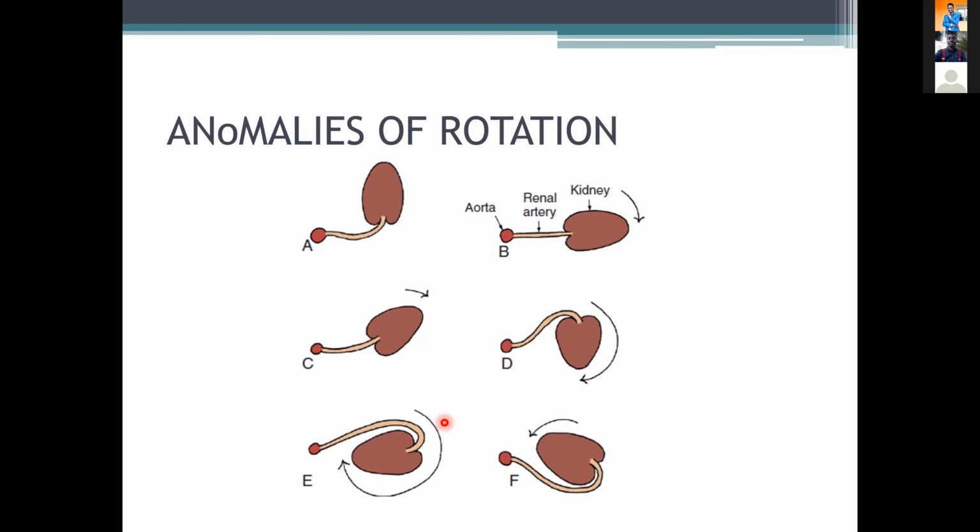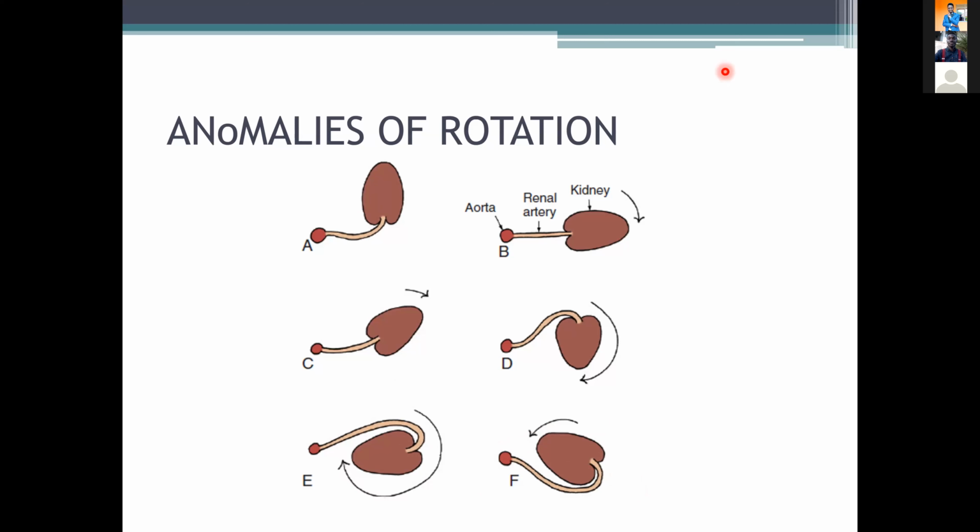Okay. And then, of course, this one also over exaggerates that the rotation has gone beyond, and the pelvis now is facing laterally. Okay. And of course, this one also shows that instead of the rotation going this direction from this point, now it has gone to the other direction.